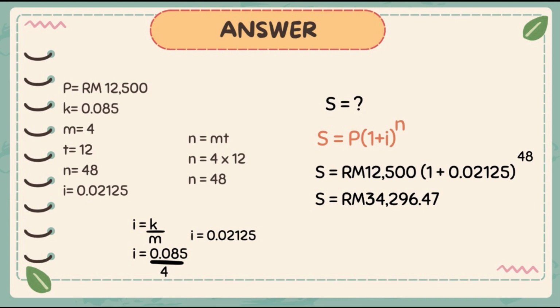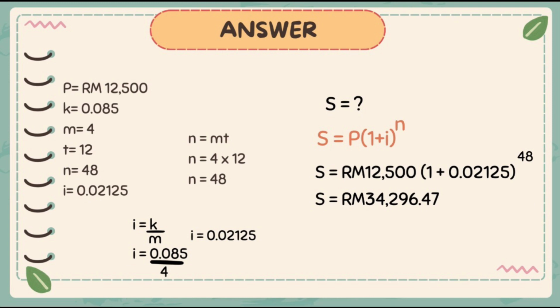So we will find the values for I and N first, which is I equals 0.085 over 4, and we get 0.02125. And then N equals 4 times 12, and we get 48.